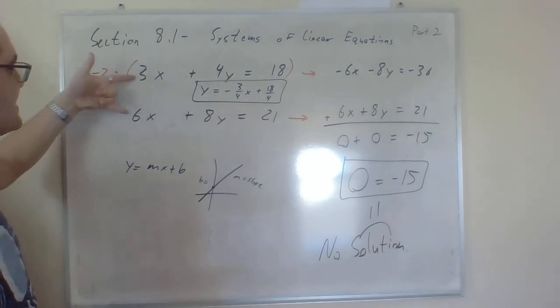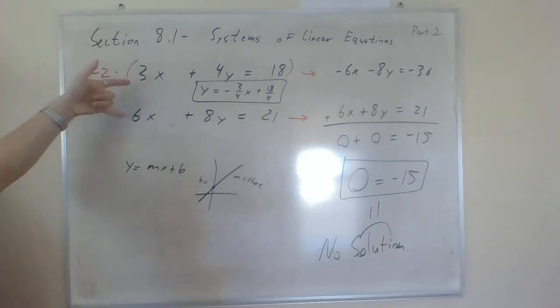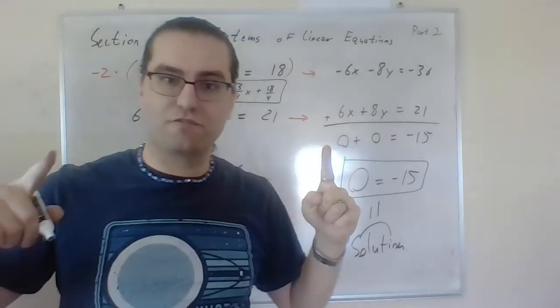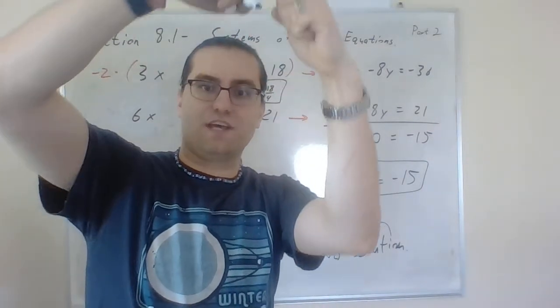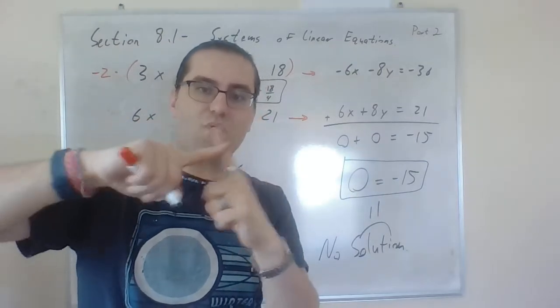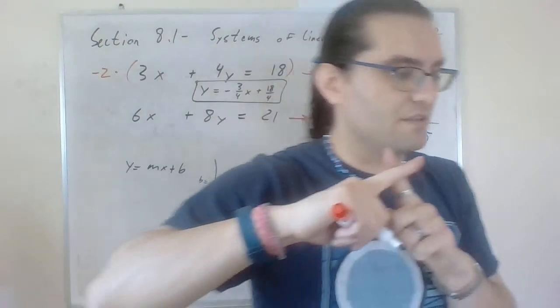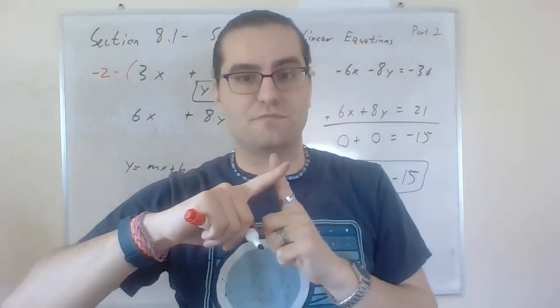When you're solving a system of linear equations like this, and both of these can be thought of as linear functions, you're sort of looking for the point where these two lines intersect. That is the x and y value of their intersection. That's the solution to the system of linear equations.